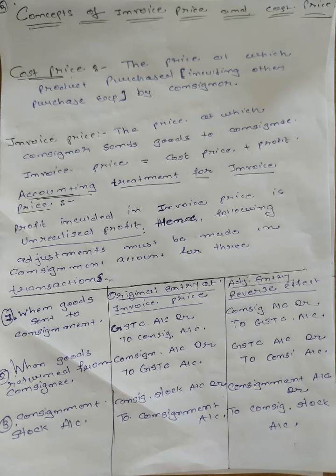In the last lecture, you studied what is meant by consignment, what the different transactions in consignment business are, the respective journal entries for these transactions, and what different accounts are to be opened in the books of the consignor as well as in the books of the consignee.